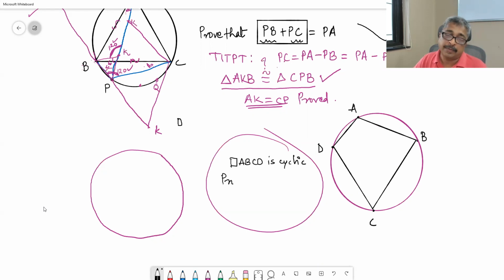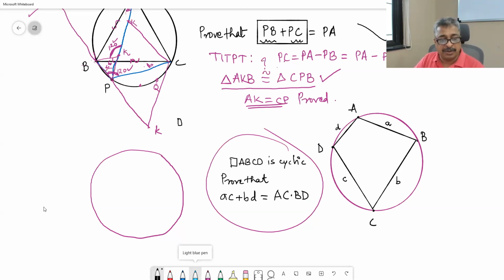Now let me give names to these sides. Side AB has length small a. Side BC has length small b. Side CD has length small c. And side DA has length small d. Then prove that AC into BD is equal to ac plus bd. This is a celebrated theorem known as Ptolemy's theorem.